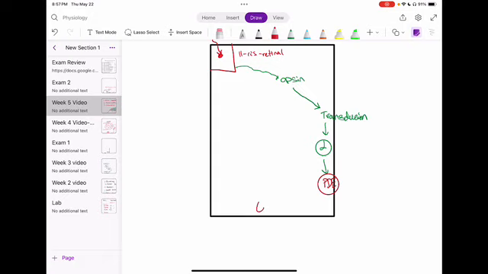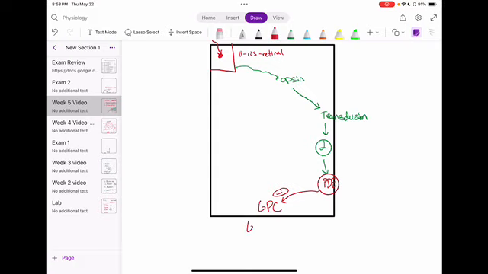And so, cyclic GMP, we actually have a protein channel, and this will go and inactivate it.